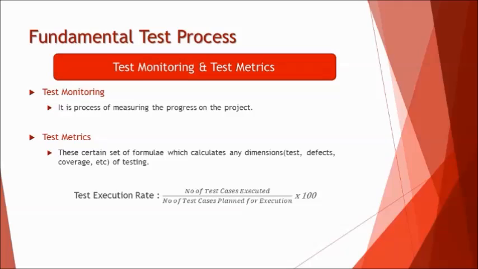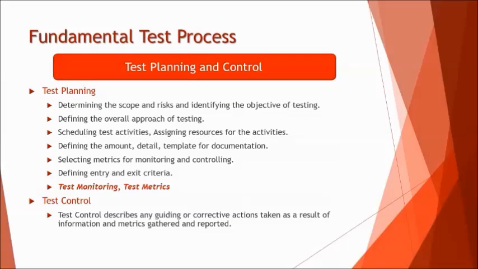That's how you come to know that there's now a need for the test control actions to be taken, because we are getting deviated from the schedule and it will grow as you proceed ahead without taking any corrective actions. So we just have to come back to the control actions, pick the relevant control action and apply it there, and we mitigate the deviation and come back to the schedule.